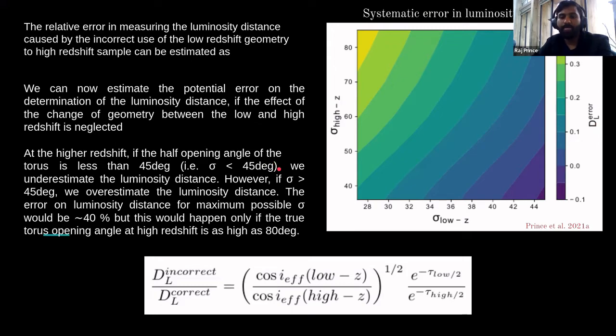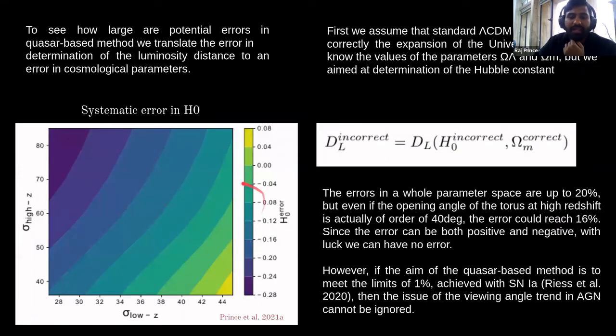So now from here we try to estimate the error in H naught. We are using the error in the luminosity distance to estimate the error in the Hubble constant.